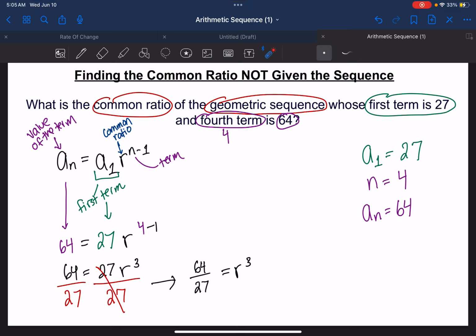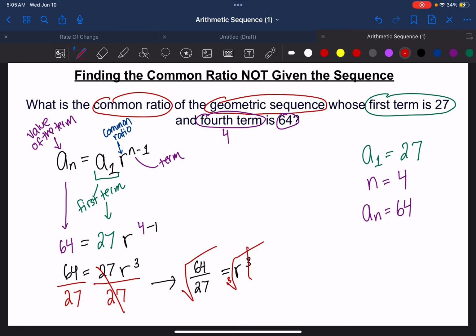To do that, I'm going to switch screens to my calculator just because I want to show you where you find that. Again, let me just explain why I'm doing that. We want to get rid of this third power, so I will do the cubic root to get rid of that third power.